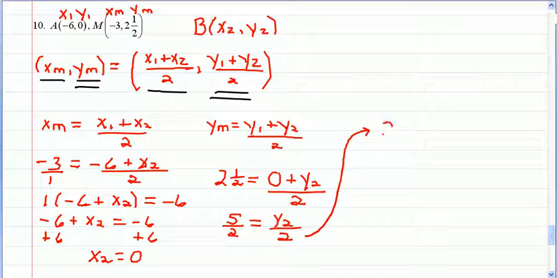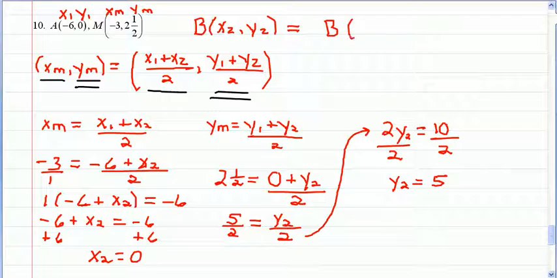And when I cross multiply, I have 2 times y sub 2 equals 10. And my last step in finding y sub 2 is to divide both sides by 2 so that y sub 2 is equal to 5. So that my point B has coordinates of 0, 5.